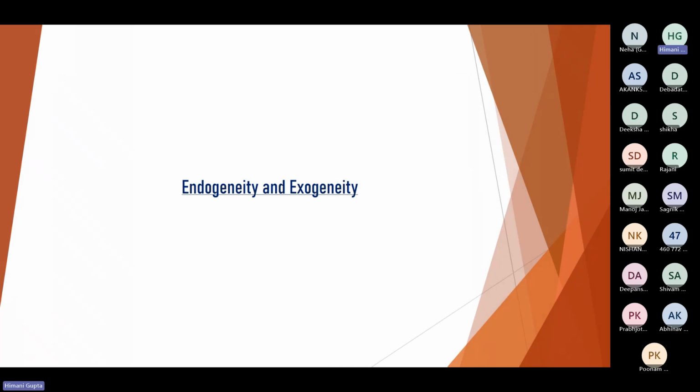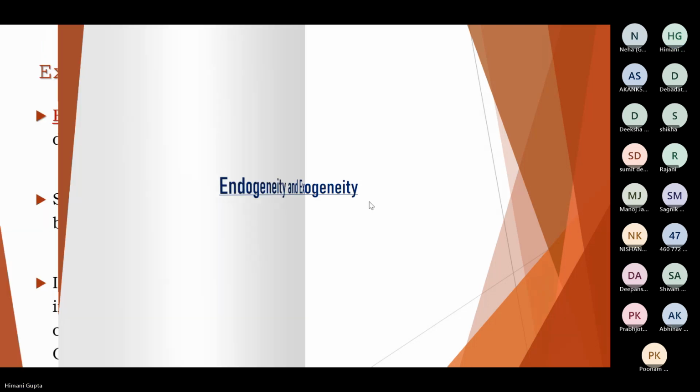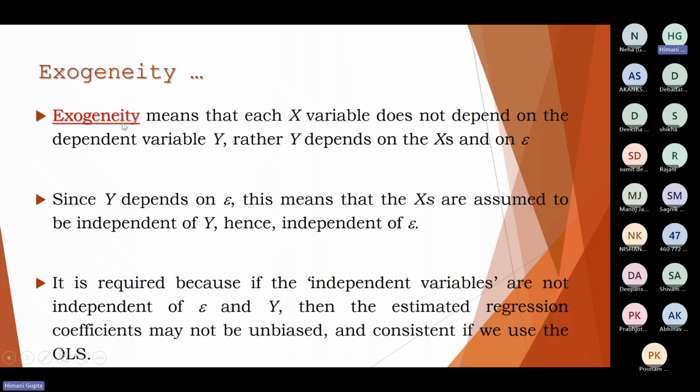Now, what is endogeneity and what is exogeneity? We cannot work with endogeneity, as the results will be biased. We have to work with exogeneity. Exogeneity means that each x variable, your independent variable, does not depend on the dependent variable; rather, y depends on x. Take our example of blood pressure and age.